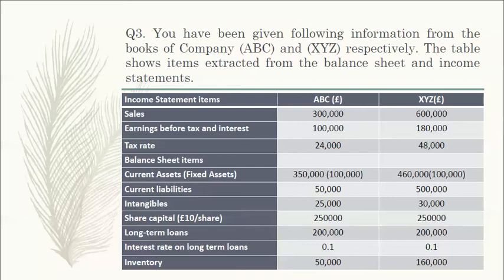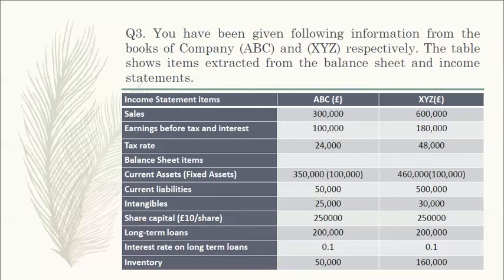And then the share capital, where the price per share is 10, equals 250,000 for company ABC and 250,000 for company XYZ, and long-term loans 200,000 for company ABC and 200,000 for company XYZ, and the interest rate on long-term loans is 0.1 for company ABC and 0.1 for company XYZ.